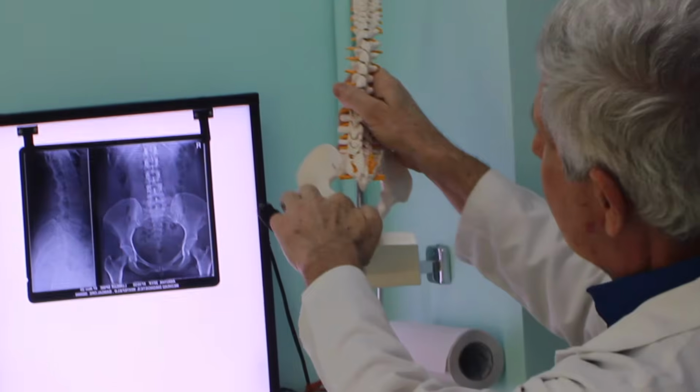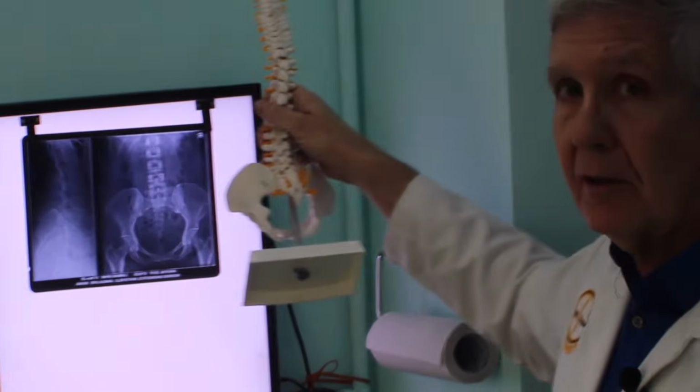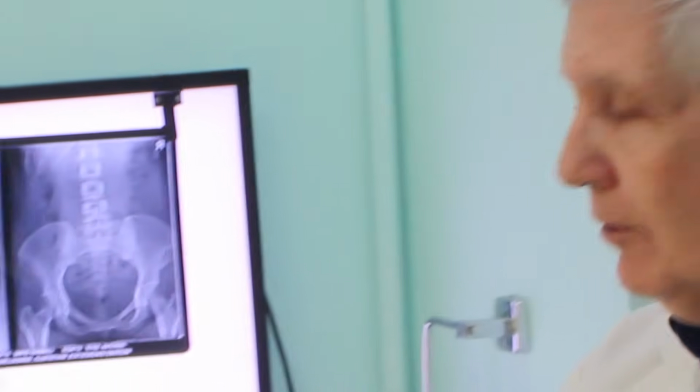Now also you'll notice the opening, the ischial foramen, they're much more flat, just like they are in the x-ray. So that's the clue that I have. When I look at an x-ray, immediately I can tell which way the pelvis has shifted. And I try to explain to my patients exactly how that happens and what they can do to correct that and make it better so that the pain doesn't return.